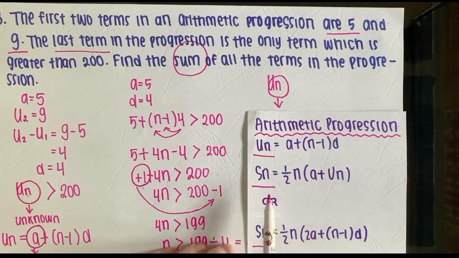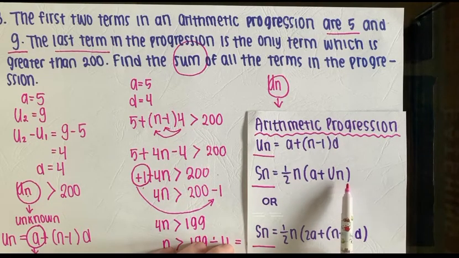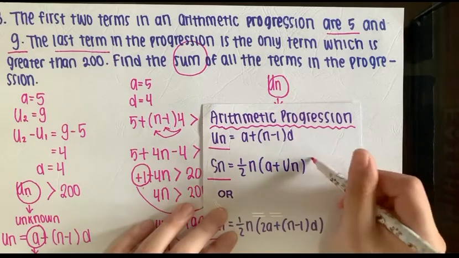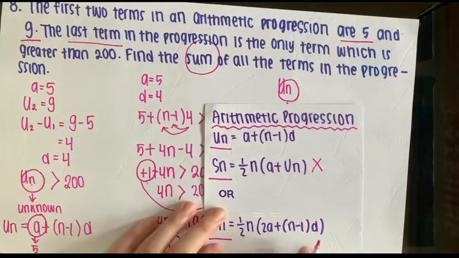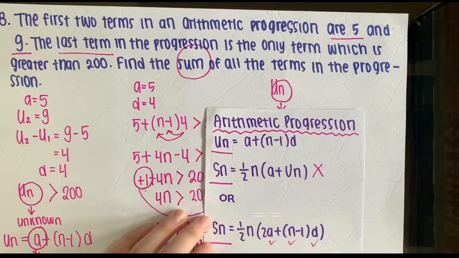The first alternative is that we add the first term and the last term. But since we don't know the value of the last term, we can't use this one. So we take the other alternative, the second one. We have a, we have d, and we also have n. So we can find the sum of all the terms in the progression by using the second formula.